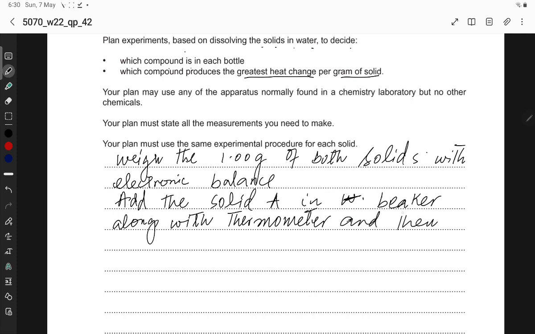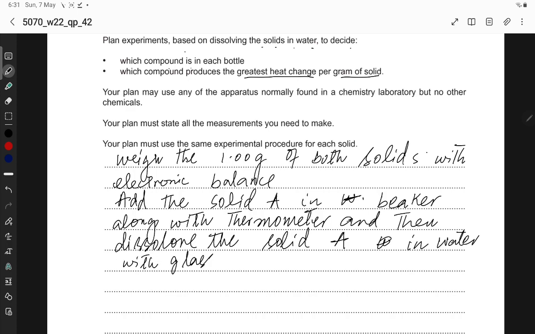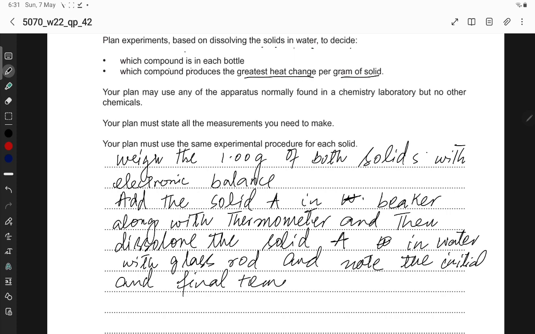And then dissolve the solid A in water with a glass rod, and note the initial and final temperature of the solution mixture.